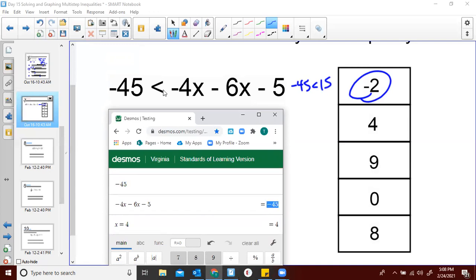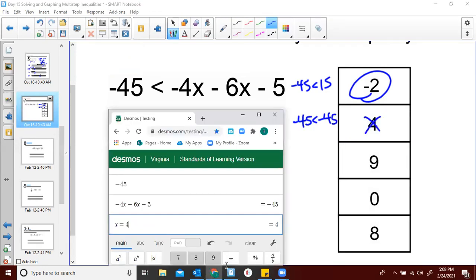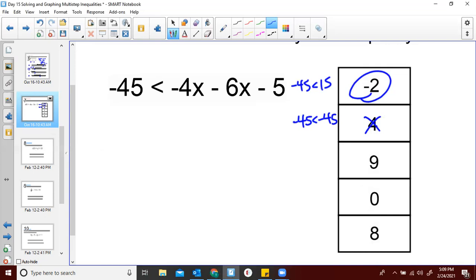Well, negative 45 and negative 45 are equal, and neither is bigger than the other one. So this is not true. All right, and I'll do 9. You'll see that I get negative 45 is less than negative 95, which is not true.